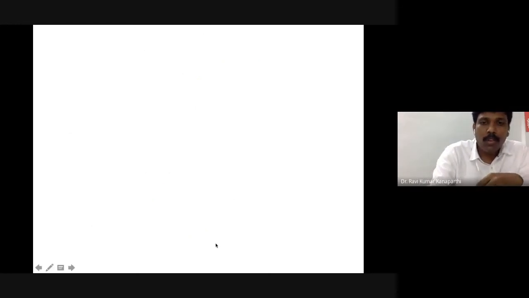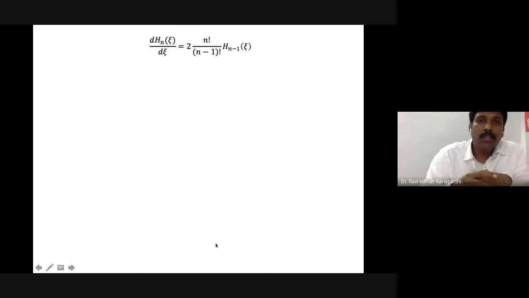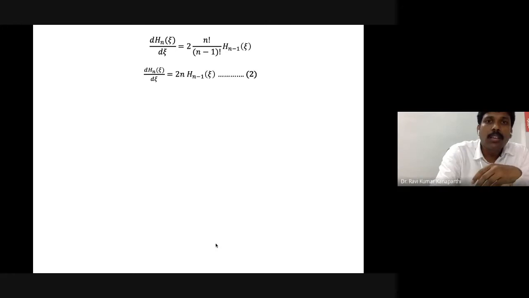I hope that you all know what is the answer. So n factorial by n minus 1 factorial is nothing but n. Therefore, on the left hand side we have dHn of z by dz, which is equal to, the simplification of this factorial value is nothing but n, and there is a 2, so 2n, and then H n minus 1 of z.